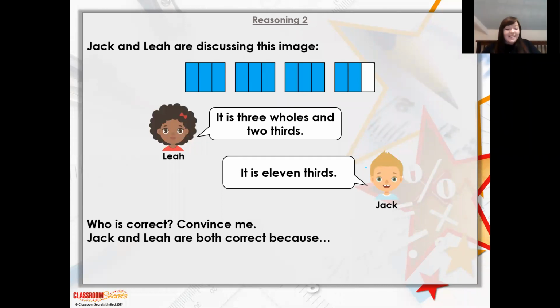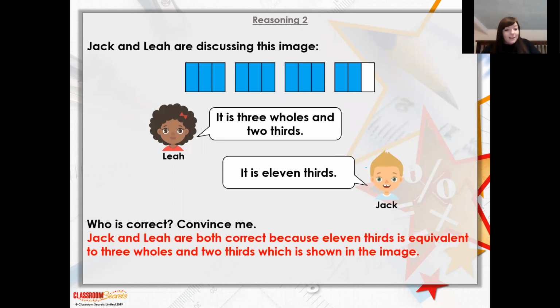Okay. Jack and Leah are both correct. That's because 11 thirds is the same as 3 wholes and 2 thirds, which is what we've been doing. We've been looking at how many wholes and how many parts there are when the number at the top is bigger than the number at the bottom in a fraction.